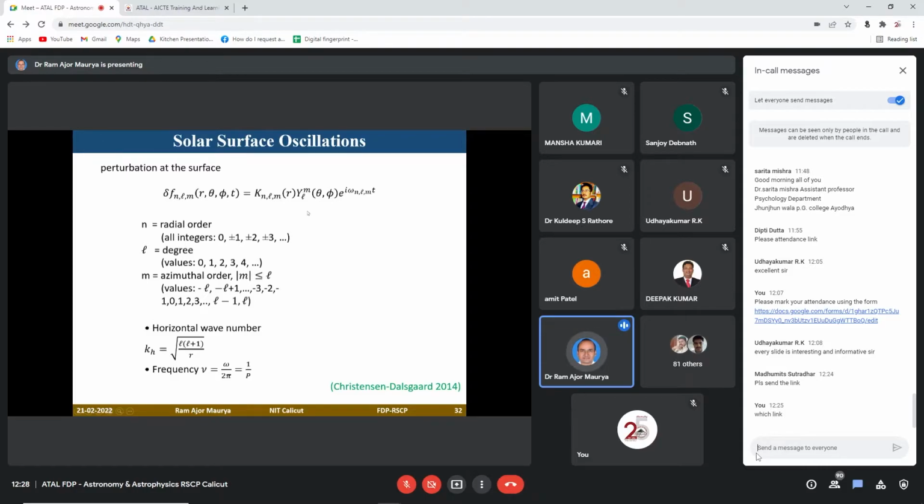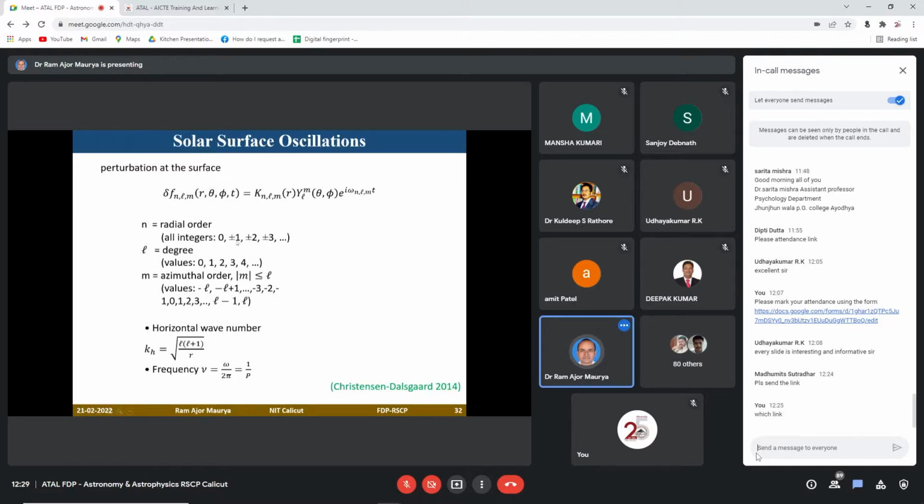In the spherical harmonics term here, along with that we have n. n is called the radial order. This can take values 0, plus minus 1, plus minus 2, plus minus 3. All the positive values 0, 1, 2, 3 are the acoustic modes.